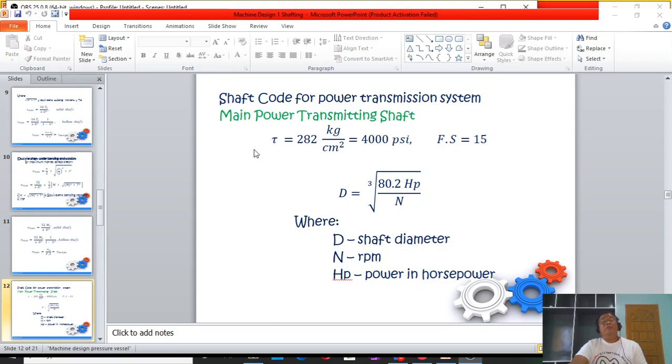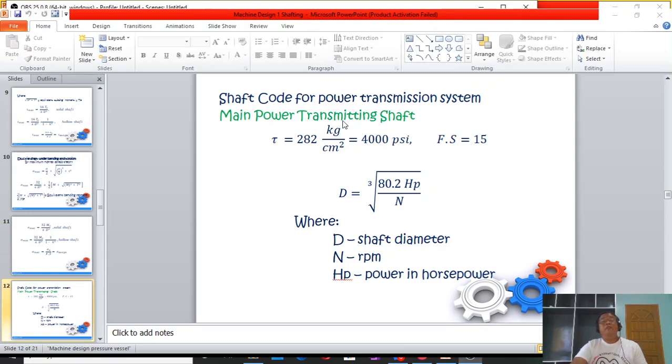The equation here, class, is very easy. The equation considered is power equals 2 pi Tn over 60, or Tn over 63025. And also, shearing stress equals 16T over pi d cube.